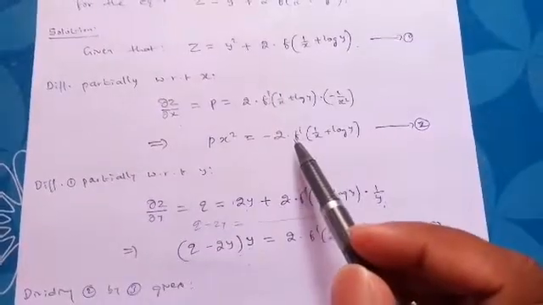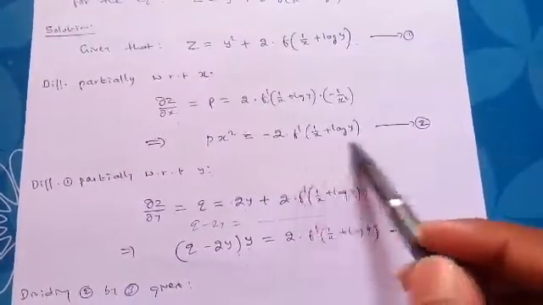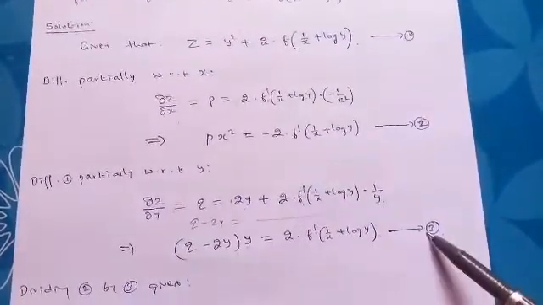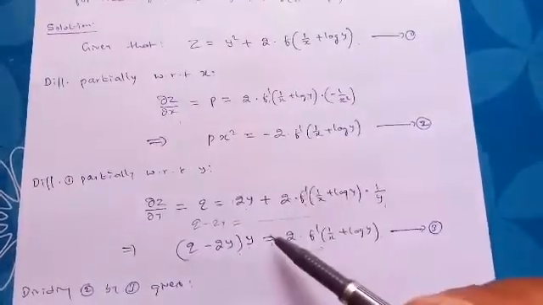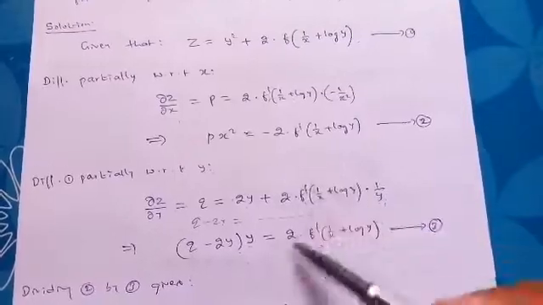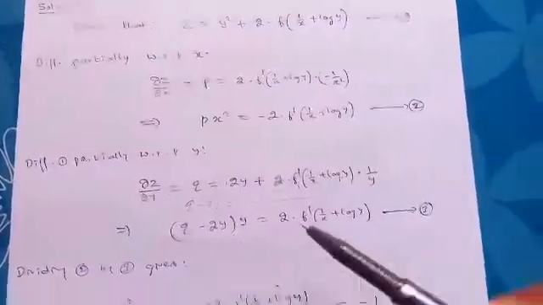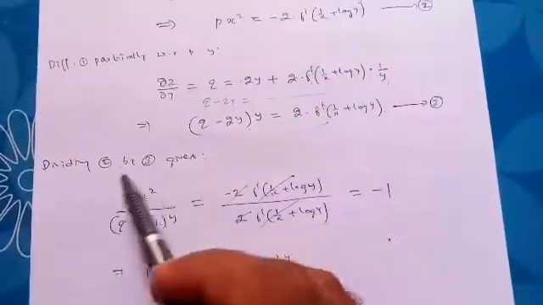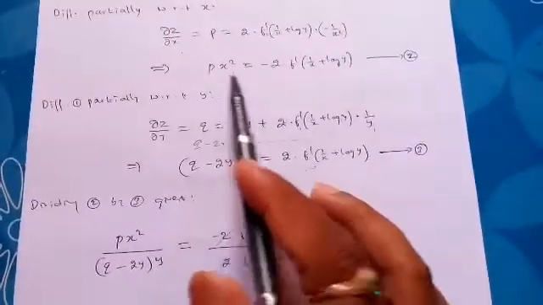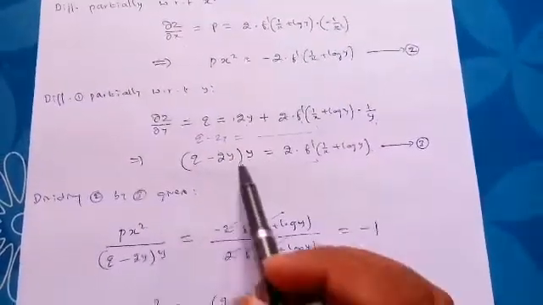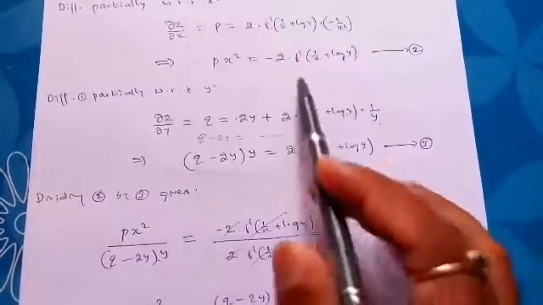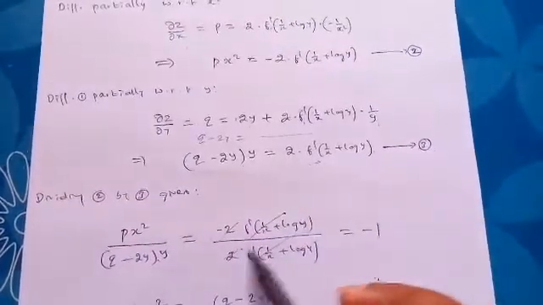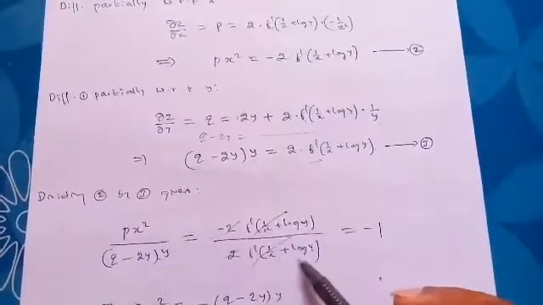We can observe that in the RHS of equation 2 we have the function f dash, and similarly in the RHS of equation 3 we have f dash. By dividing these two equations, it gets cancelled. So by dividing 2 by 3, the LHS of equation 2, p x square, and the LHS of equation 3 is this term, equal to the RHS of equation 2 divided by the RHS of equation 3.